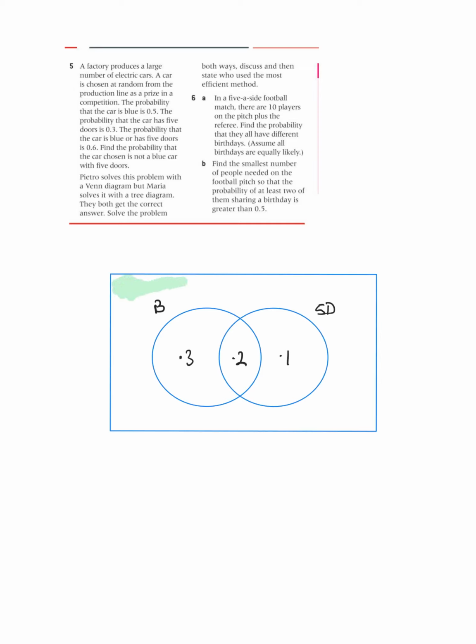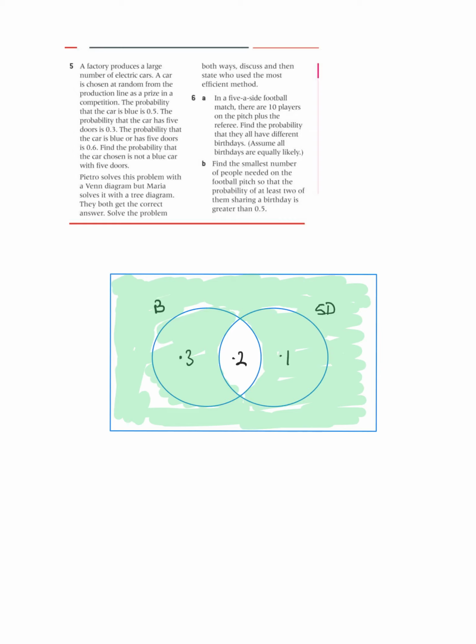So not a blue car with 5 doors is all of this on the outside and all of this here and all of this here. And so the remaining area, the green area, is 0.8 because it's 1 minus 0.2.